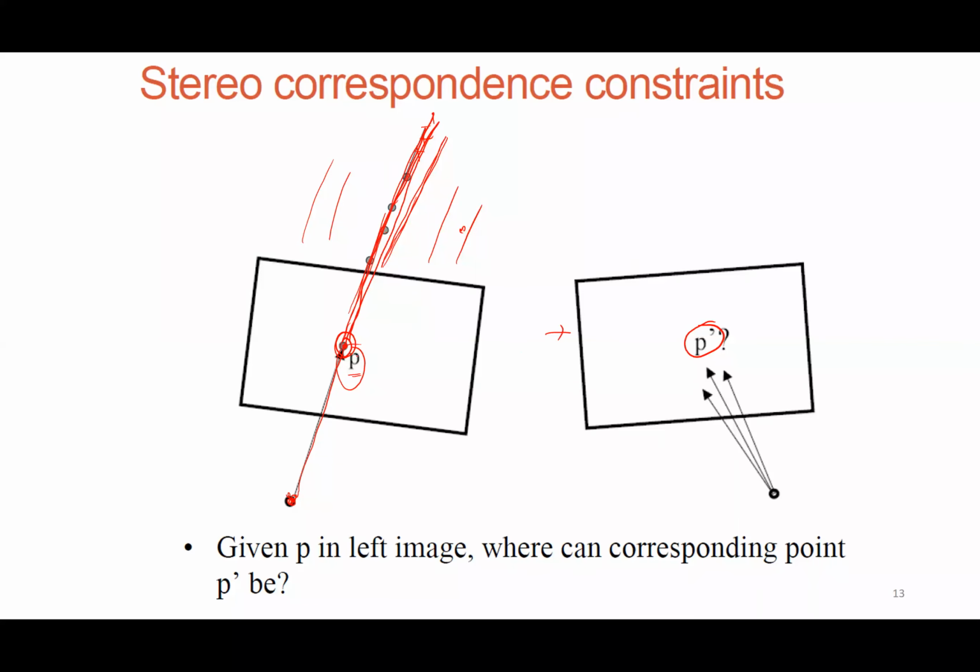Since this point might be coming from any of these points, all you need to see is where all these points could map to here, right? Where can they map to? Can it map anywhere, or where can it map to?